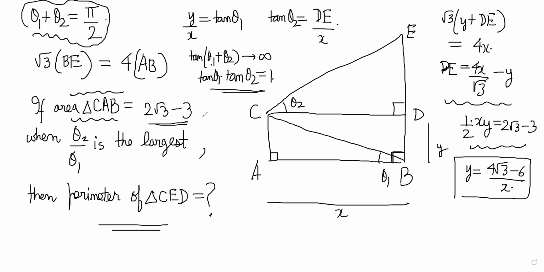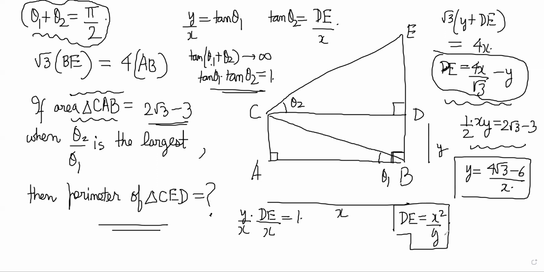So we are getting y by x into DE by x is equal to 1, and DE is coming out to be x squared by y. We are getting a condition on DE from here and another condition here.